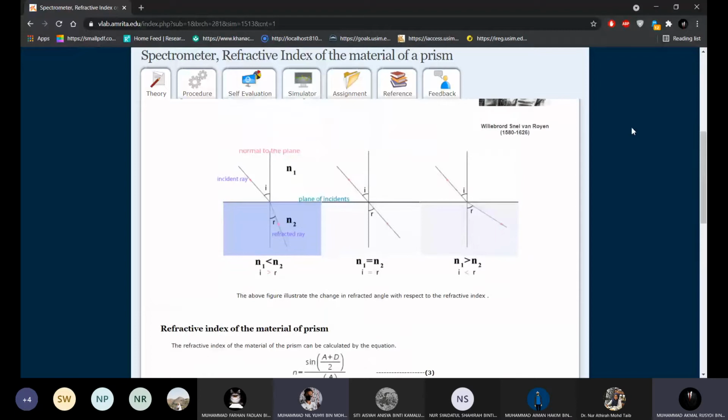So if refractive index of incident angle less than refractive index of refracted, if N1 less than N2, that means the angle I is more than the angle R. So the light will move close to the normal to the plane.